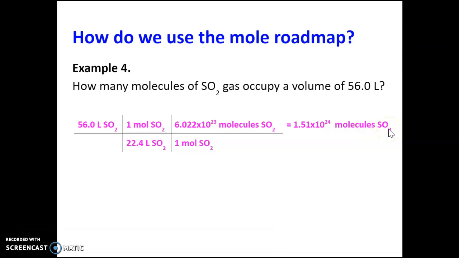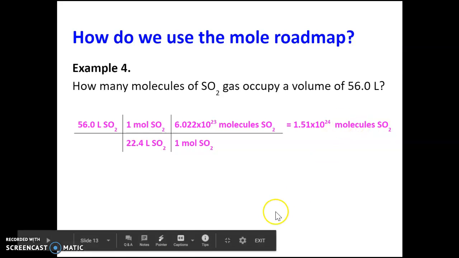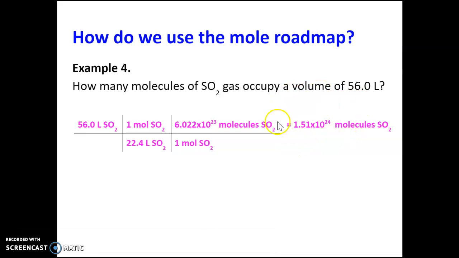And so if we wanted to know how many atoms there are, we would have to multiply this number of molecules by the number of atoms in one molecule. So we'd multiply by 3, and that would give us the number of atoms. And this question doesn't call for that, but that's something that I will ask you in the future. And so I wanted to go ahead and mention it now, and we'll look at some examples of that this week as well.